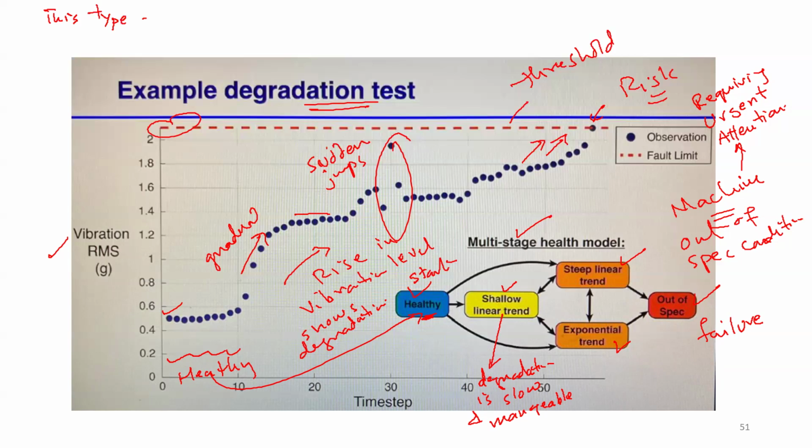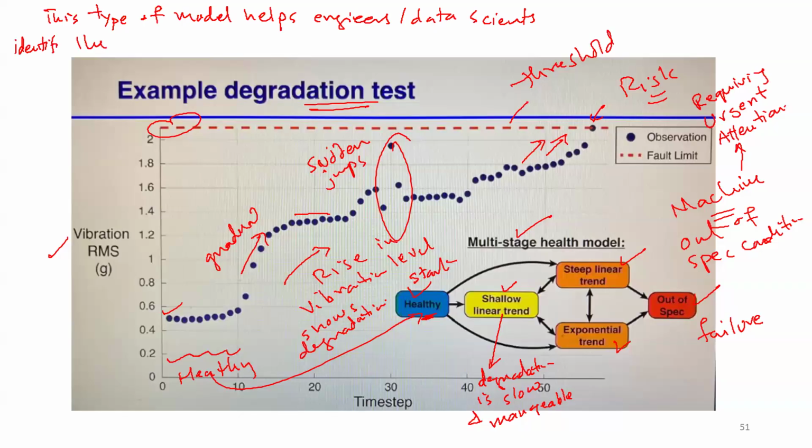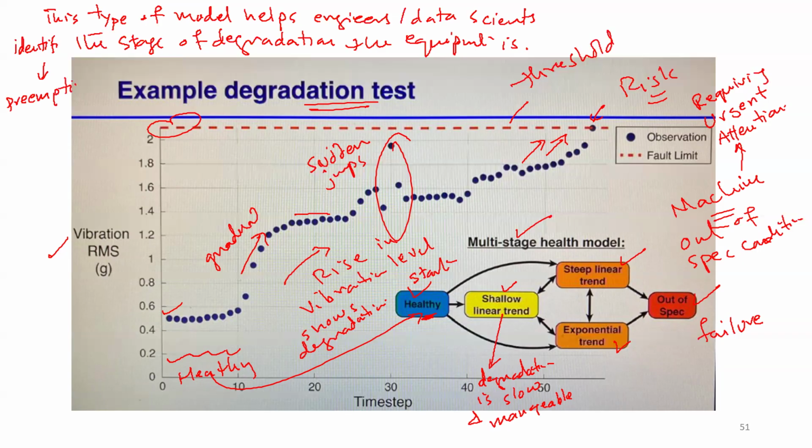This type of model helps engineers or data scientists to identify which stage of degradation the equipment is in, and also this will help us to make what you call preemptive actions.